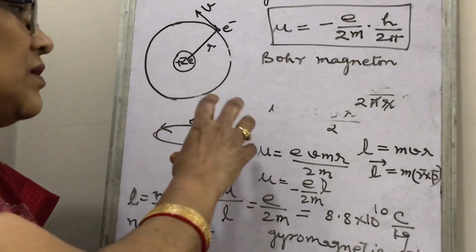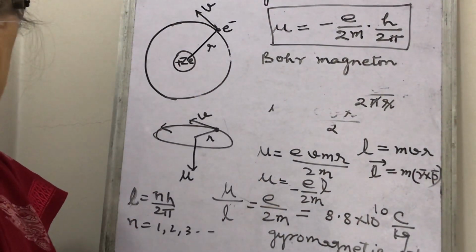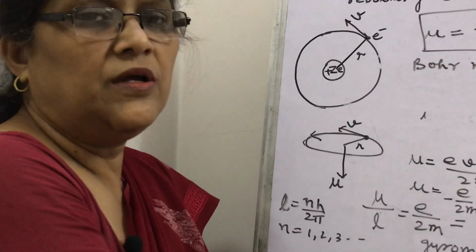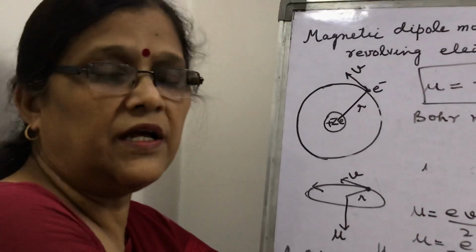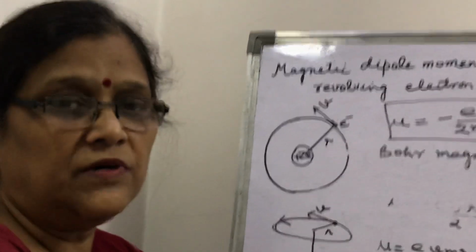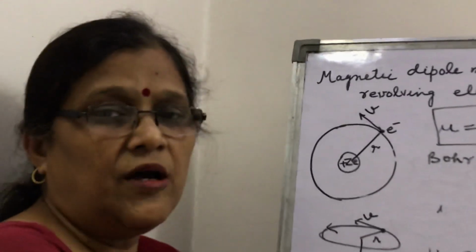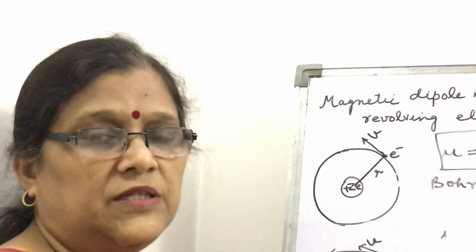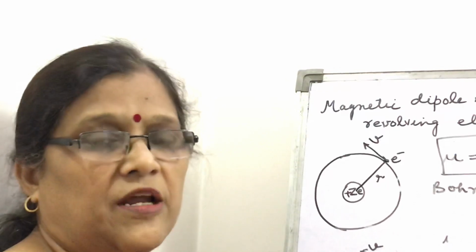Although the electron has a spin motion and an intrinsic angular momentum, it is not considered here, but that is very useful in determining the magnetic properties, like which substance is diamagnetic and which is paramagnetic.